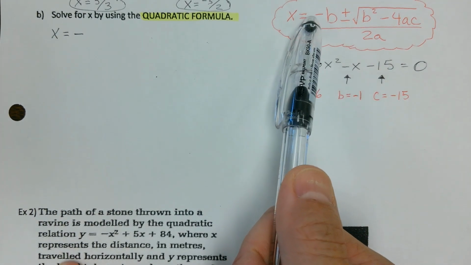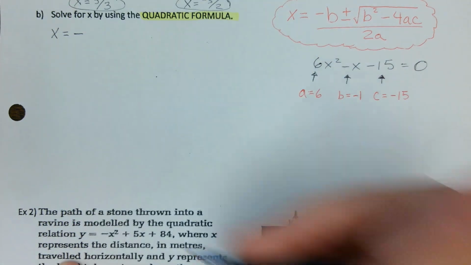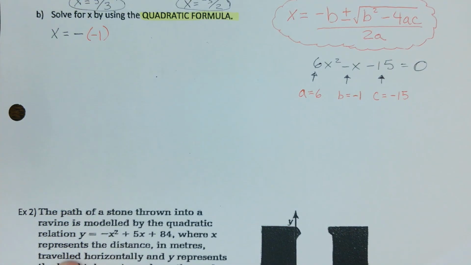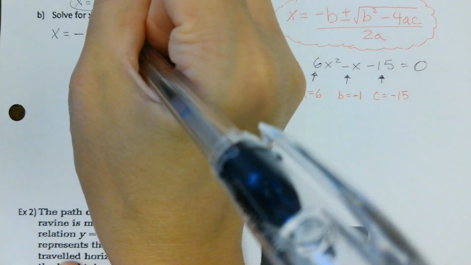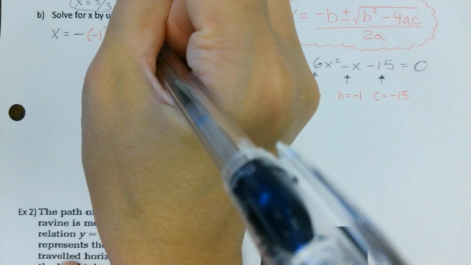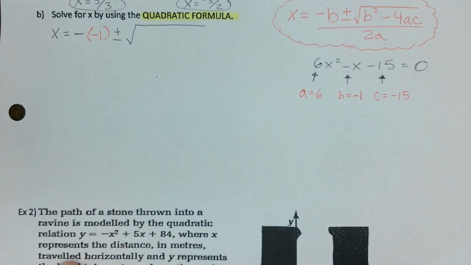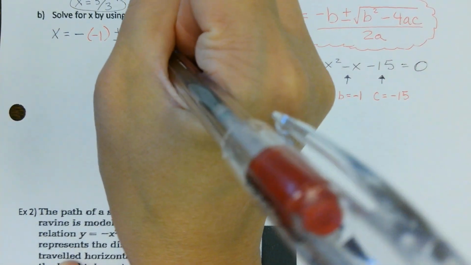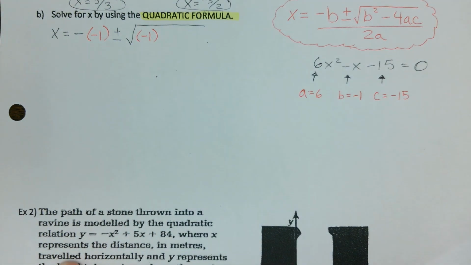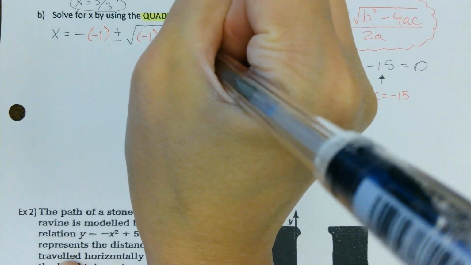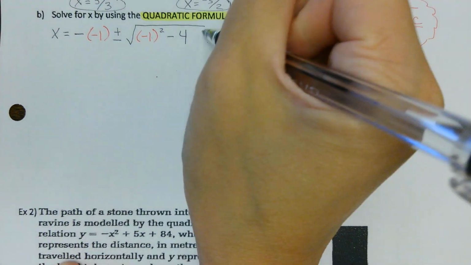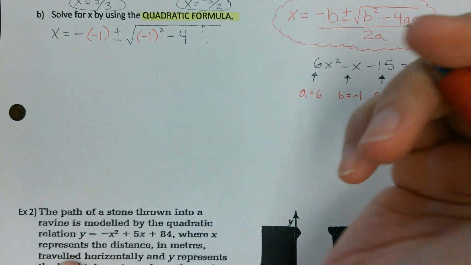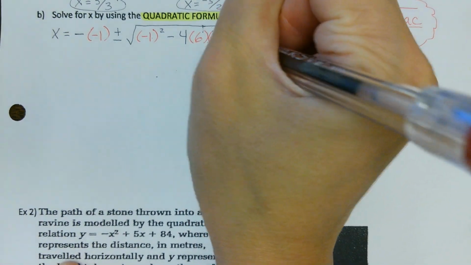That is an extra negative sign. So -1, put that in bracket, plus or minus square root b squared.